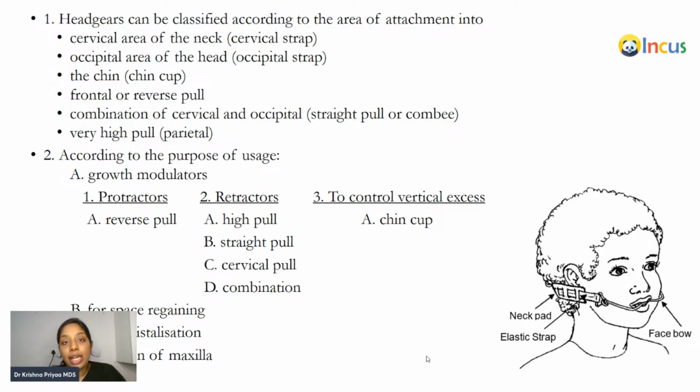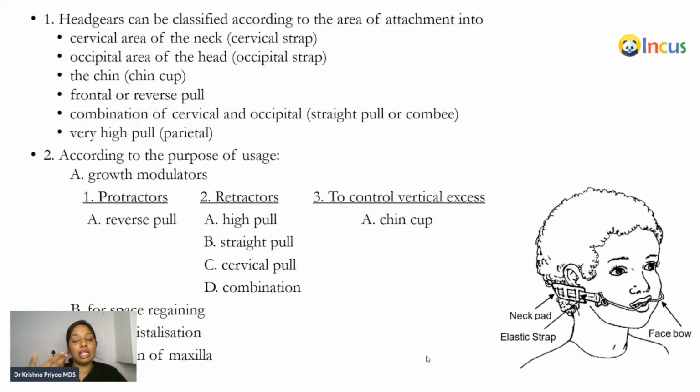Depending on the area of the support that is gained, it is classified into cervical area, when the neck band is here, at the neck, or else occipital area when it covers this side, and chin cup can be used. Or else frontal or reverse pull headgear, when the support is not taken from the dorsal side but instead the ventral side, the front of the face.